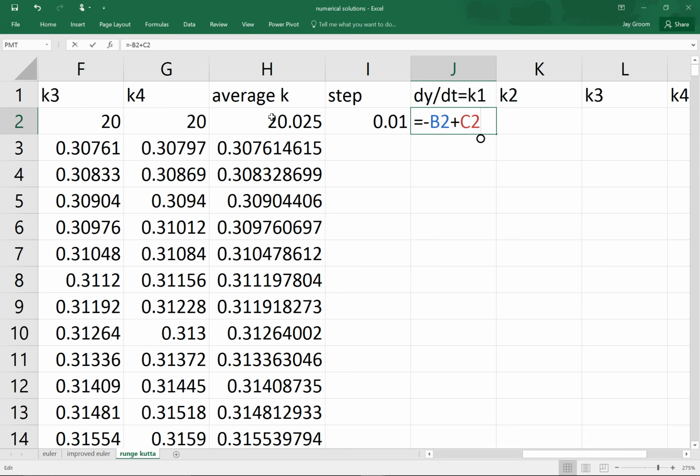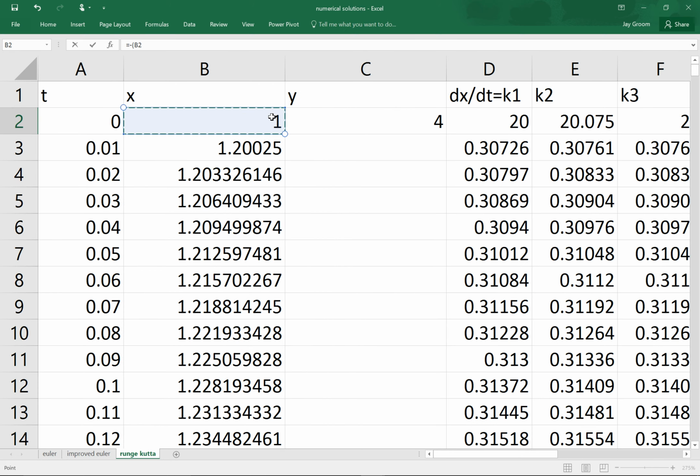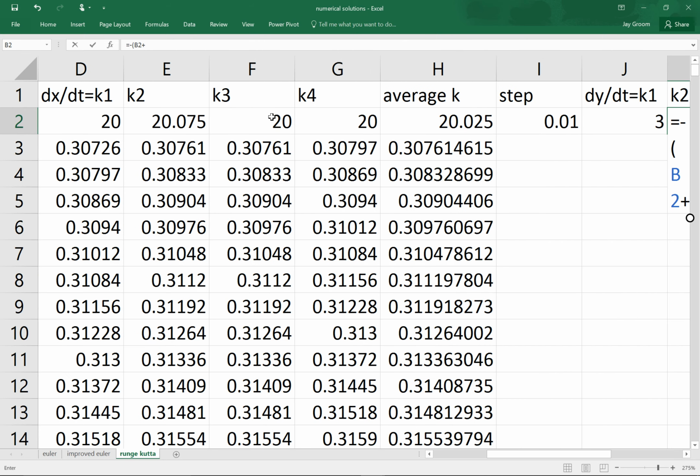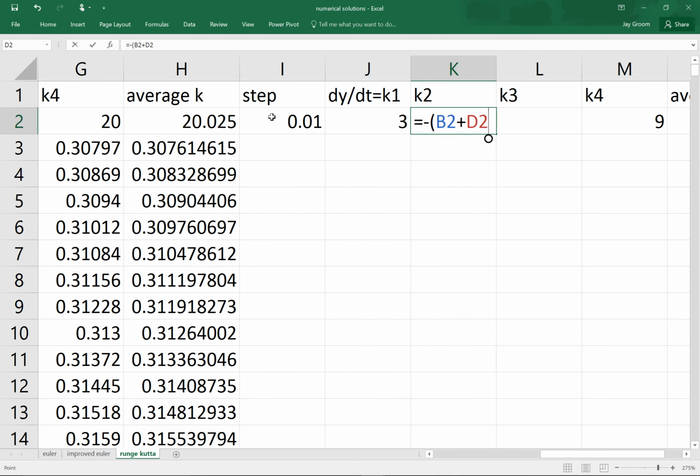Now this one equals negative parentheses my new x. But what is my new x? Well, it's my old x, plus dx/dt, which is that guy right there, times the step.